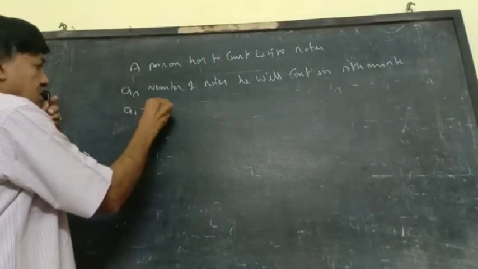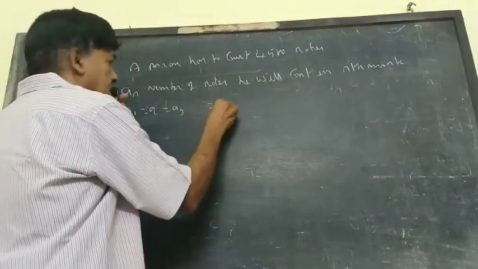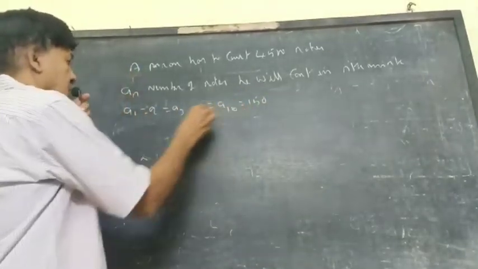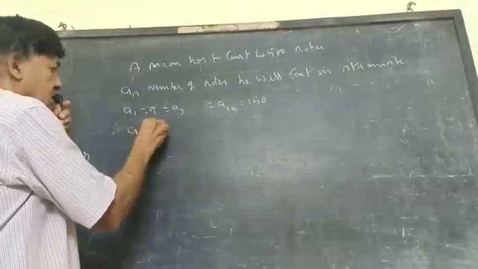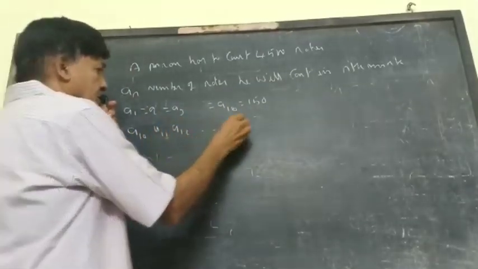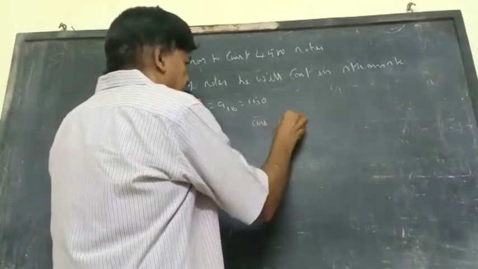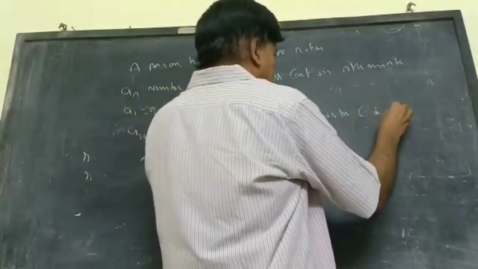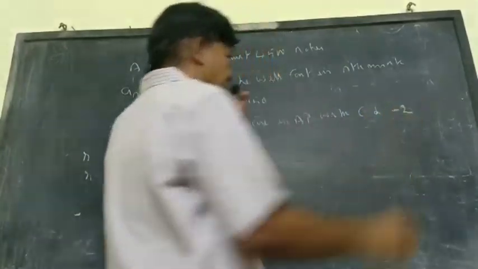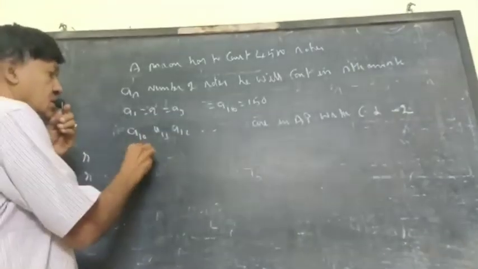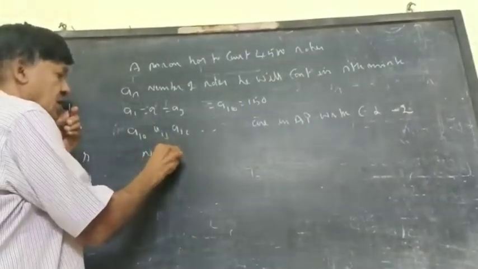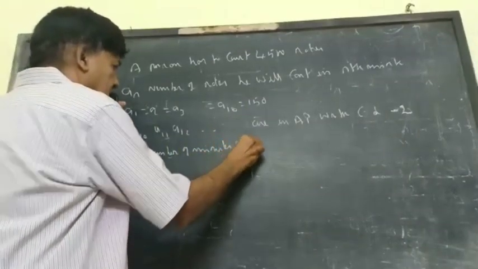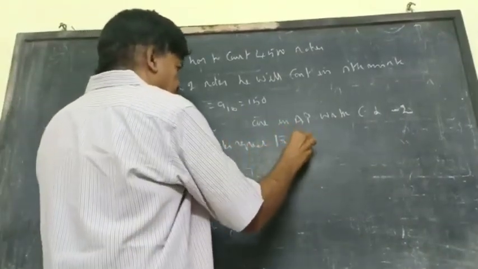A1 is equal to A2 is equal to A3 up to A10 is equal to 150. A10, A11, A12 are in AP with common difference -2. Then find the number of minutes required to count the notes.